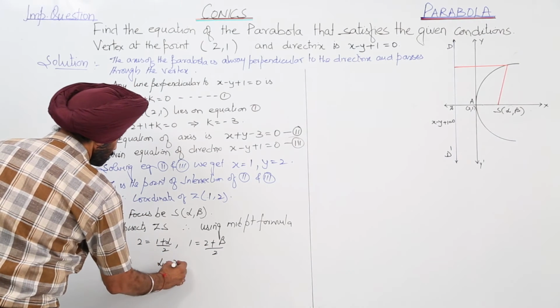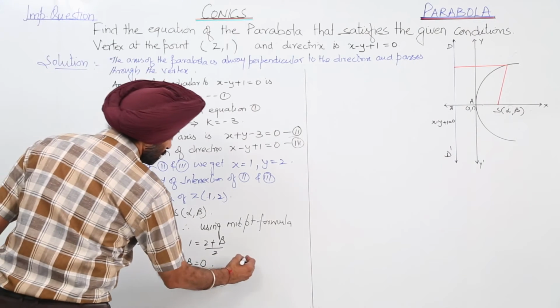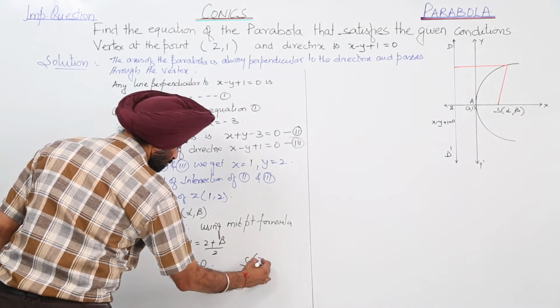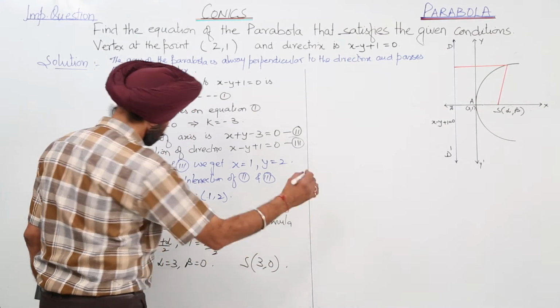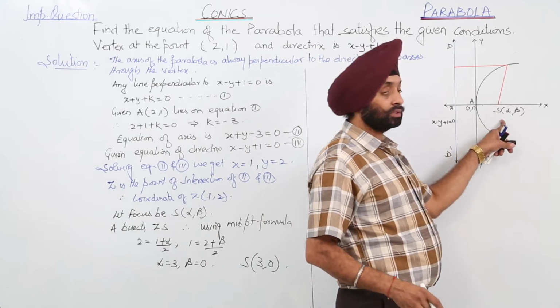Now alpha is equal to 3 and beta is equal to 0. Therefore the coordinates of the focus are (3, 0). So now we have the coordinates of the focus S.